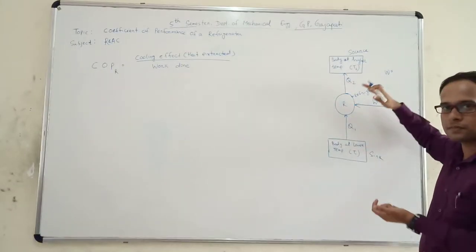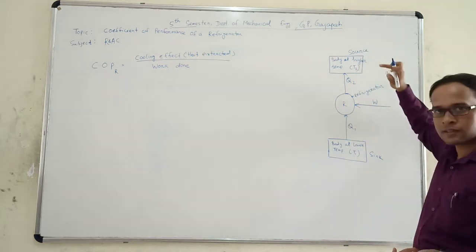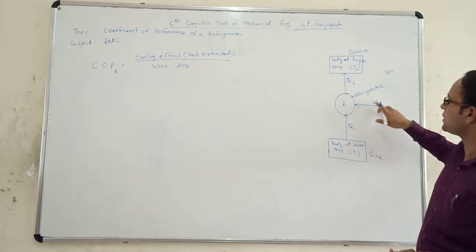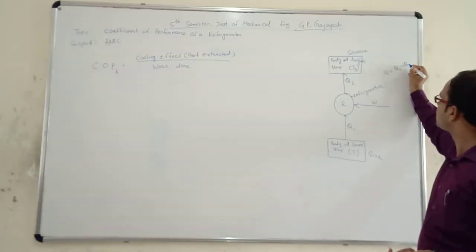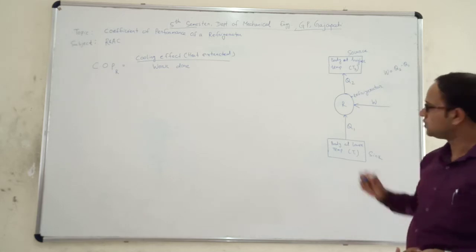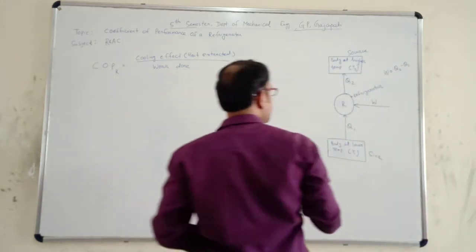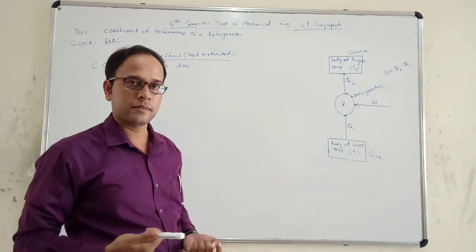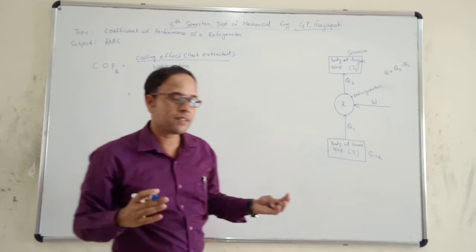For this system, Q1 is the heat taken from the refrigerator and Q2 is the heat sent to the higher temperature. So work done is Q2 minus Q1. Obviously Q2 will be more than Q1. Now what is the desired effect?